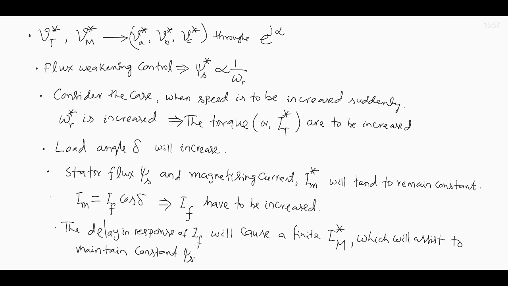So this Im star has to be established. It helps the field current If to build up to increase the torque as required by the speed command, and as If builds up, gradually Im decreases, and at steady state Im star becomes 0 and Im also becomes 0.